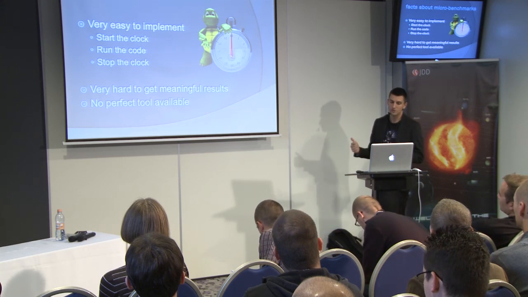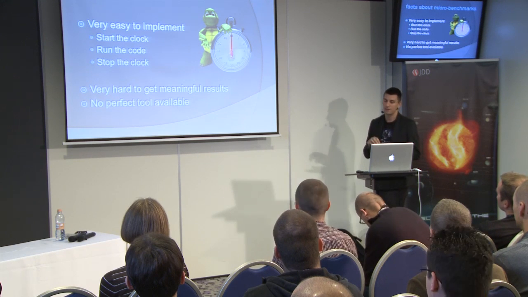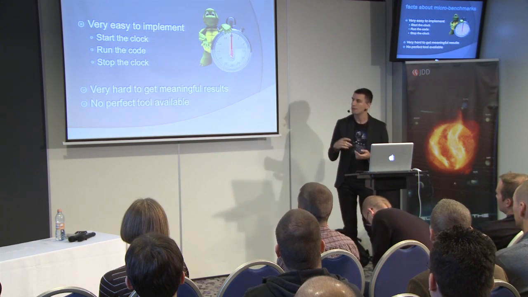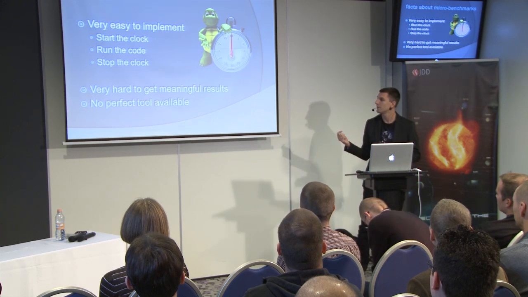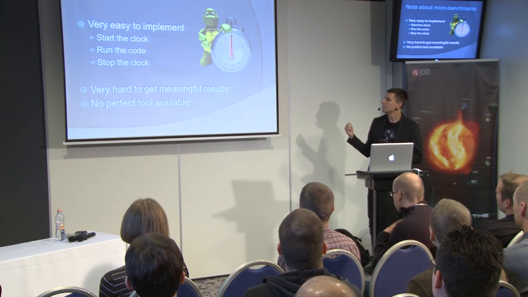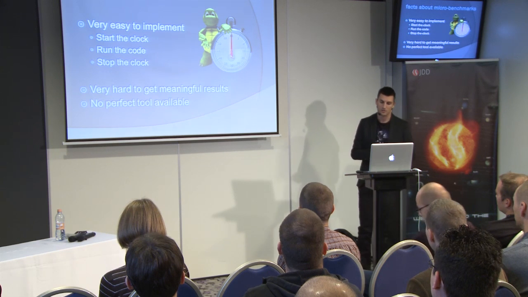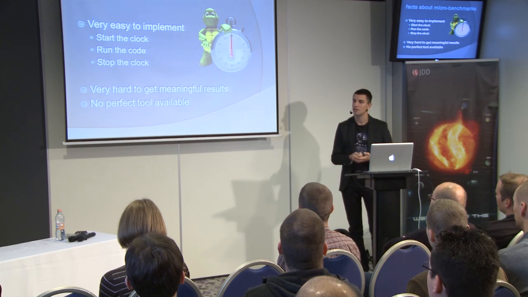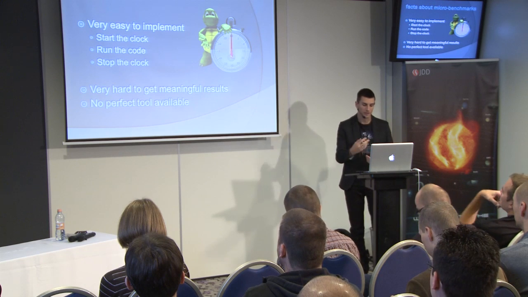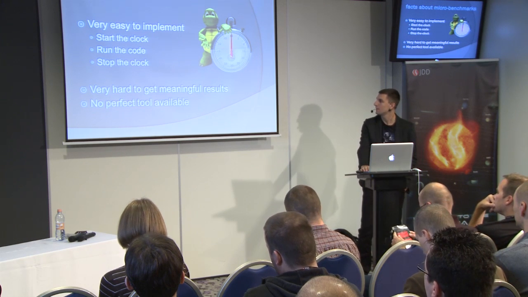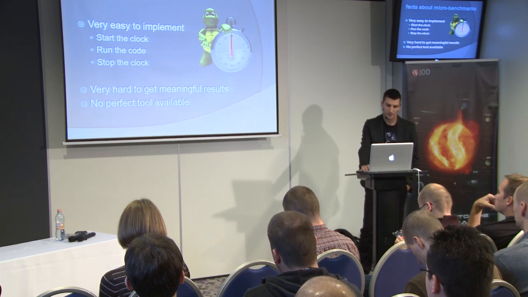It's not so easy to know what we have exactly measured, and I will show it with examples later. Another problem is that there is no great tool solving all the problems which we can find in implementing microbenchmarks.